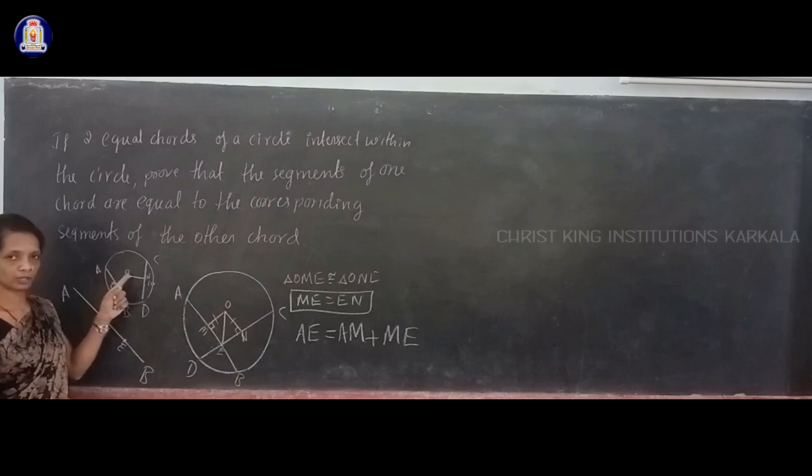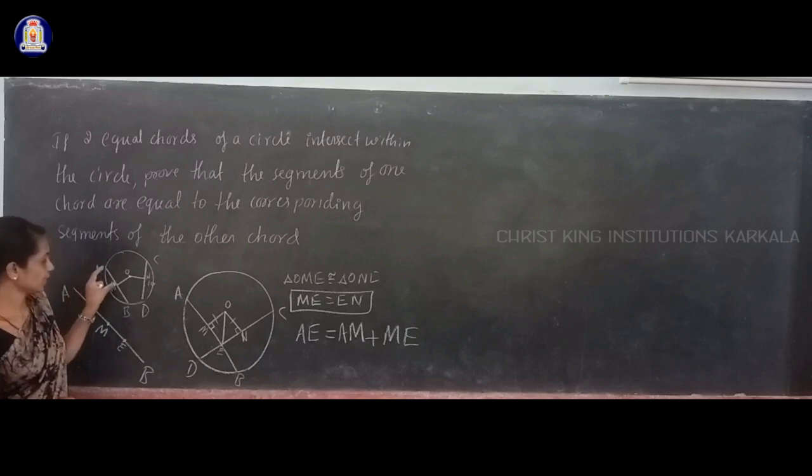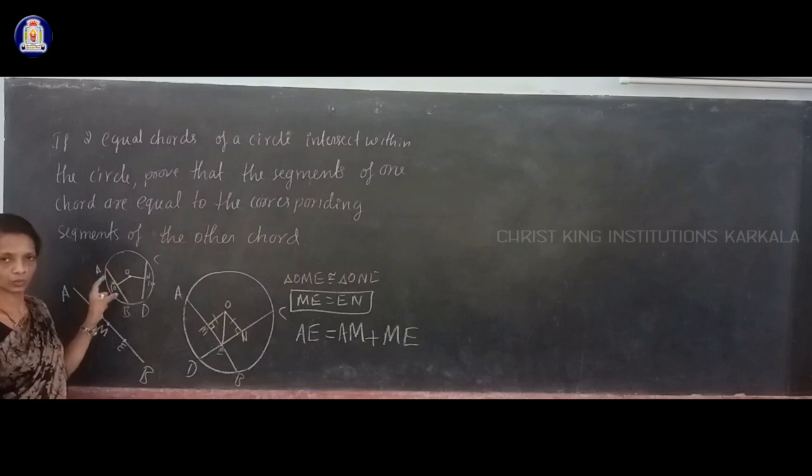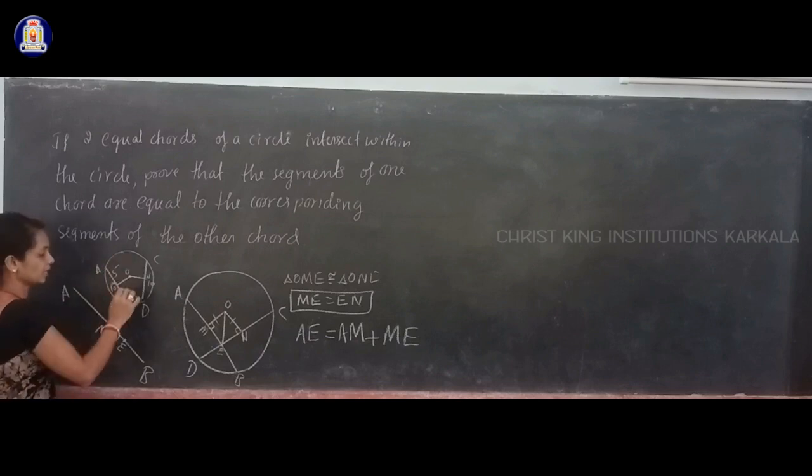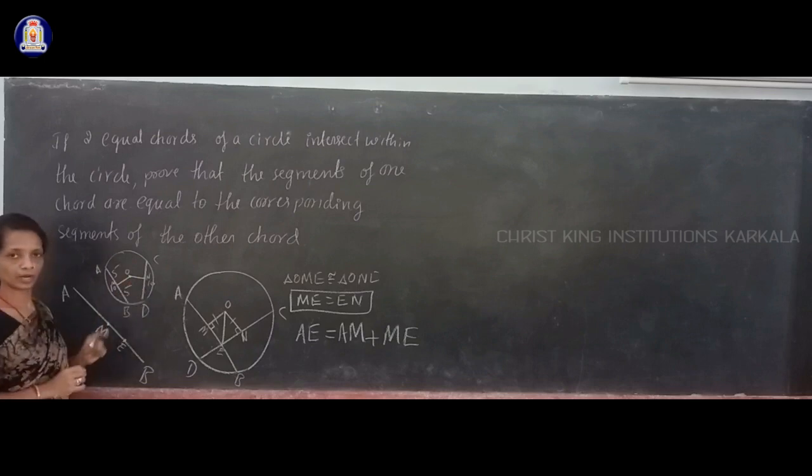A perpendicular drawn from the center to the chord bisects the chord. So AM and MB are both equal. Bisect means divides into two equal parts. So AM is equal to MB, meaning both measure 5 units.